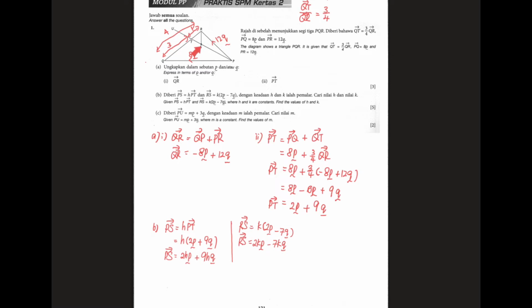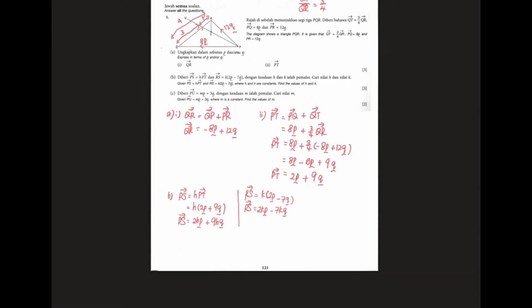So it seems like we can relate PS and RS by considering this triangle at this part, the PRS triangle. Where I just form an equation based on this, I can put PS equal to PR plus RS. So where the PR is 12Q, you can see the picture at the same time.